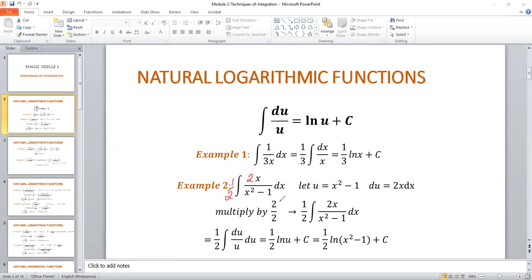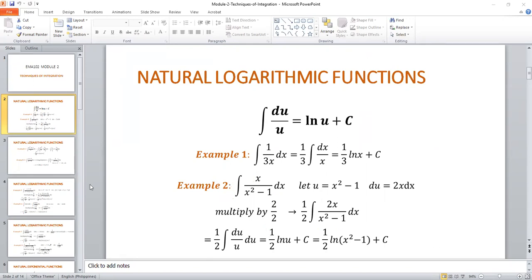It's the same as multiplying by 2 over 2. You only need the 2, so the 1/2 stays before your integral. So you have 1/2 times 2x dx over x squared minus 1, which gives you 1/2 ln of u. What's the u? That's x squared minus 1, plus c. Do you follow? Any question? Okay, very simple.